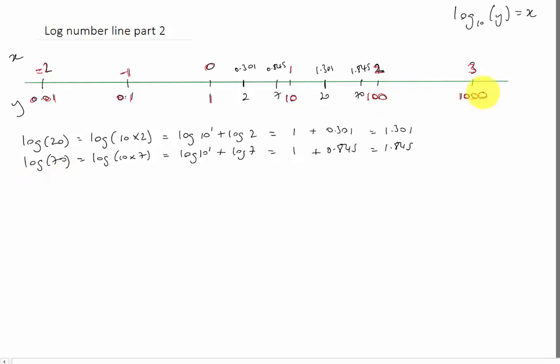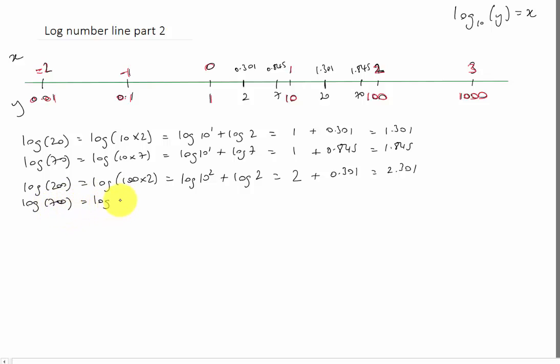And if we go further into this domain here, in between 100 and 1000, how about the log of 200? So that's equal to the log of 100 times 2, which is the log of 10 to the power 2 plus the log of 2. So that's 2 plus 0.301, 2.301. The log of 700 is the log of 100 times 7.